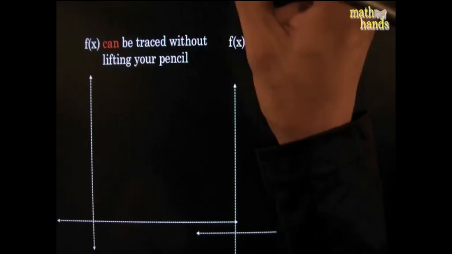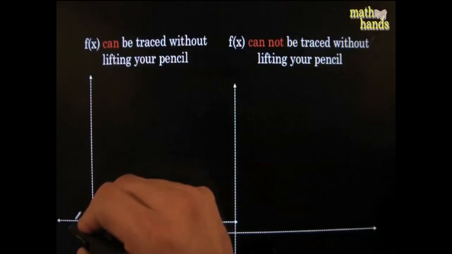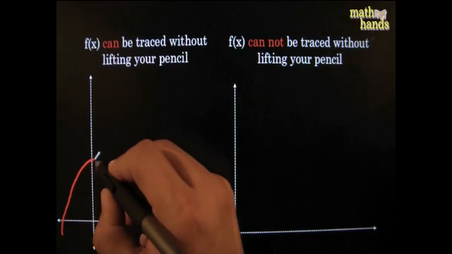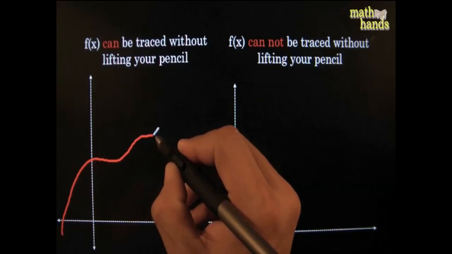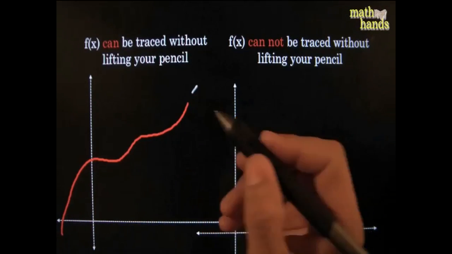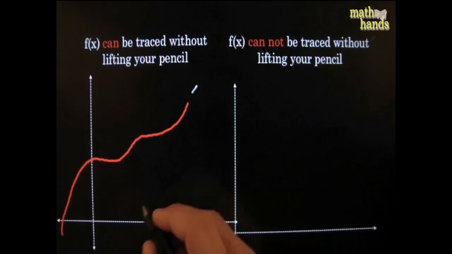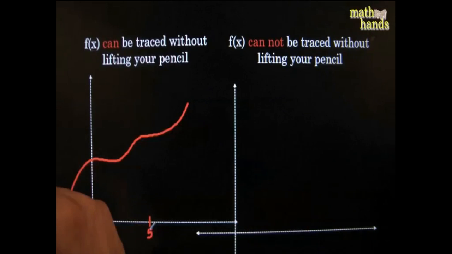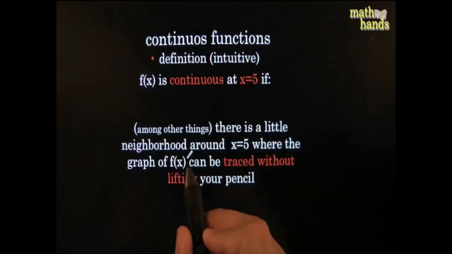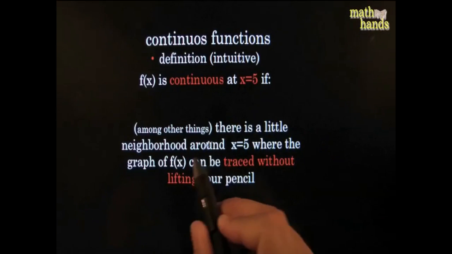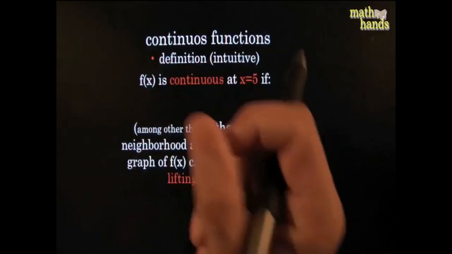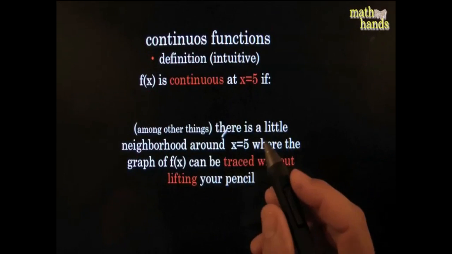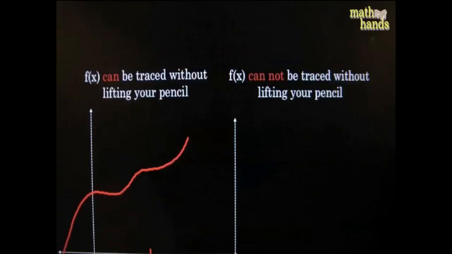Suppose you've got some function here, f of x, and f of x is going this way, nothing out of the ordinary. And suppose you've got the point here, x equals 5, and you're checking this condition. F is continuous at 5 if around 5 there's a little tiny neighborhood, as small as you want it, where the graph can be traced without lifting your pencil.